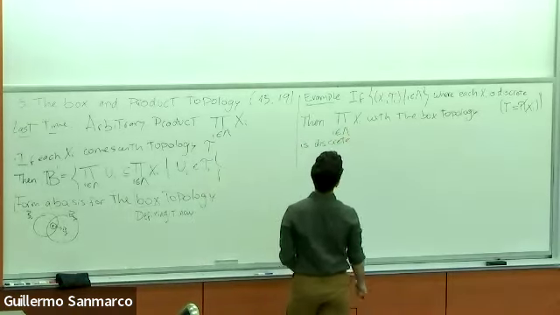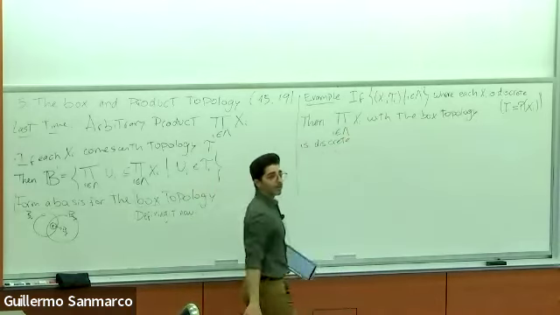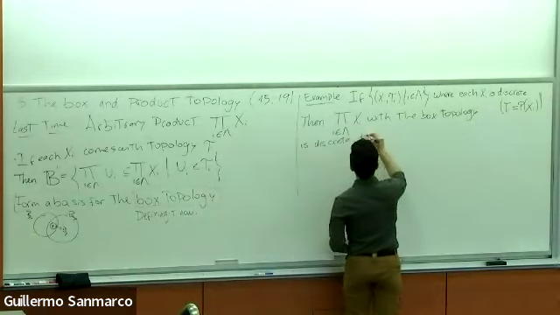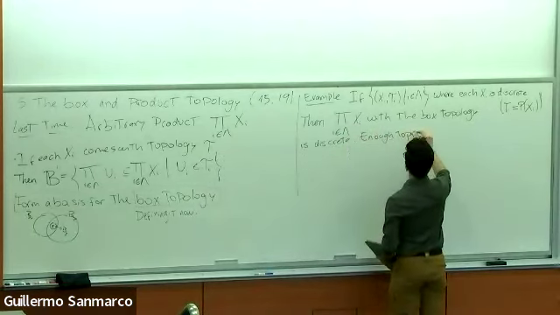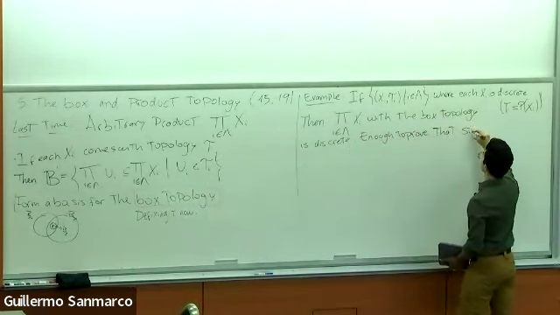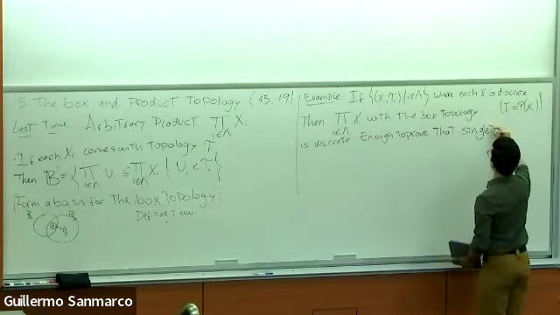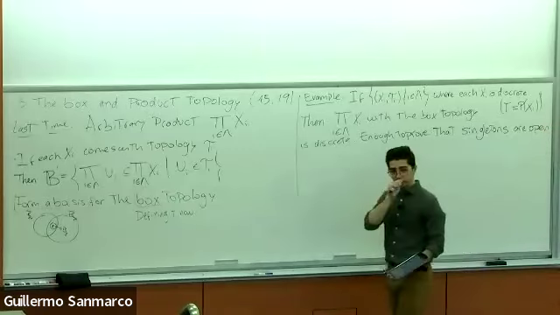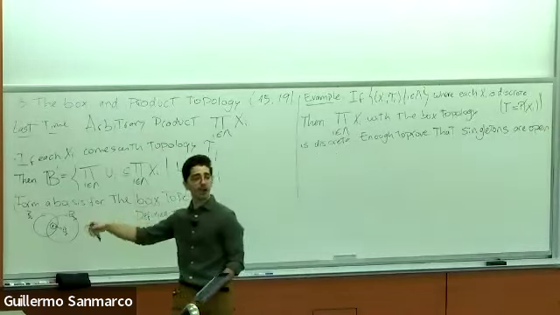So how do we prove that the box topology is the discrete one? To show this, it's enough to prove that singletons are open. That's what it means for every set to be open.